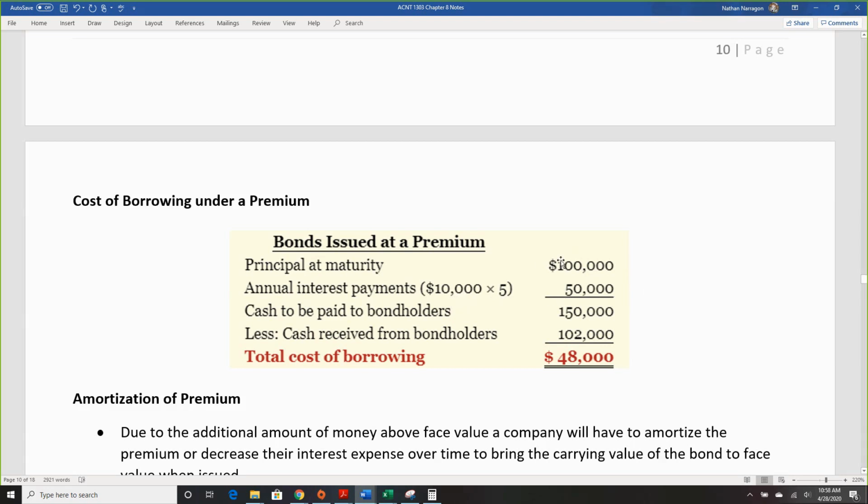So, during the life of the bond, we want to pay out 150K. Well, we received 102,000 from the investor. So that means the cost of borrowing when it's a premium is only 48,000.